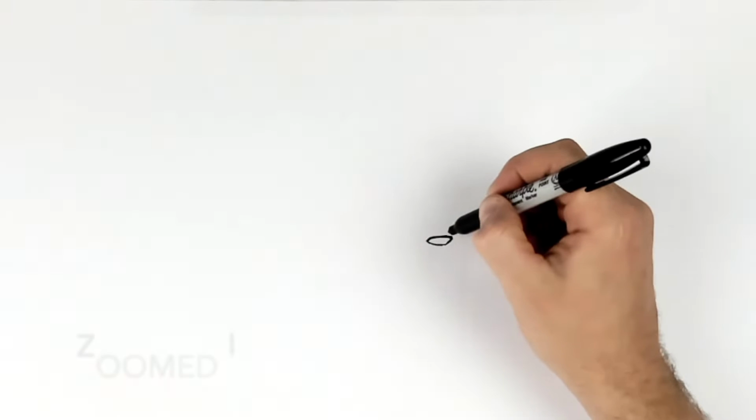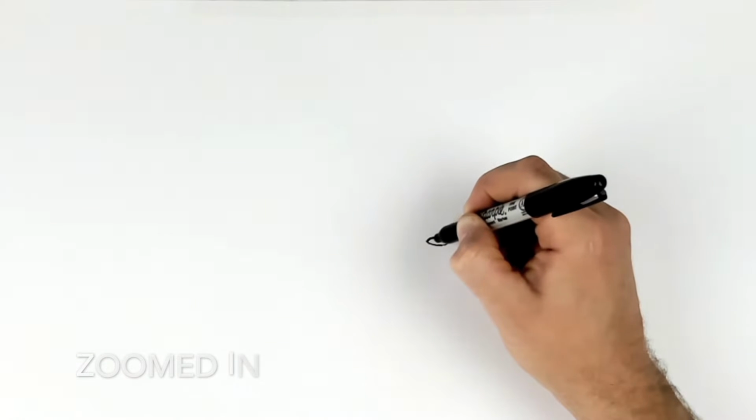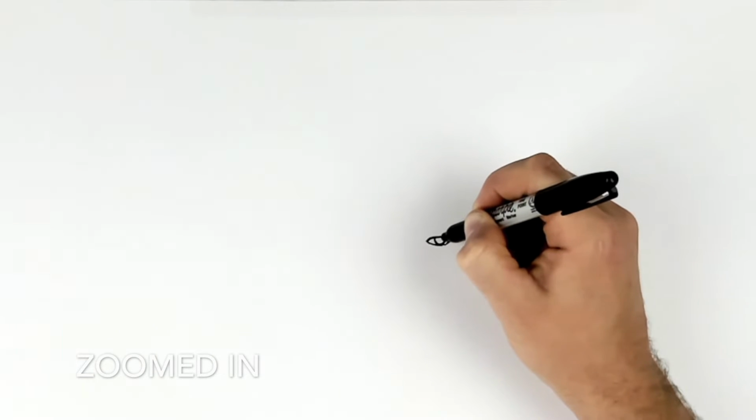Okay, iris and pupil. So we'll put the iris just here, coming down from the top eyelid, down around like so, and the pupil just on top there. Okay, standard adult human eye.